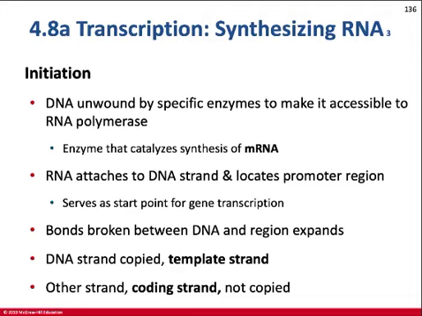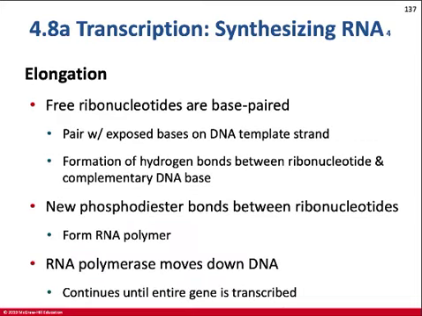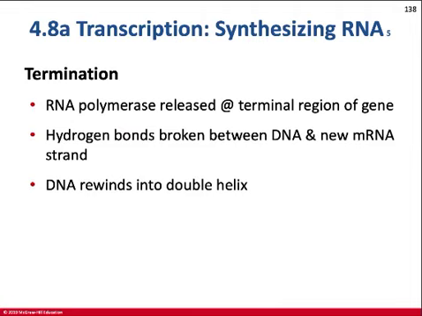Okay? The 3 events of transcription: initiation, elongation, and termination. In initiation, the DNA is unwound after assembly of RNA polymerase and transcription proteins on the promoter. Okay, the DNA strand is copied. This is the template strand. The other strand, which is the coding strand, is not copied.